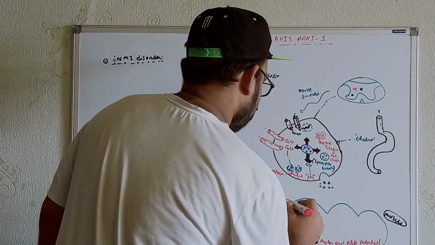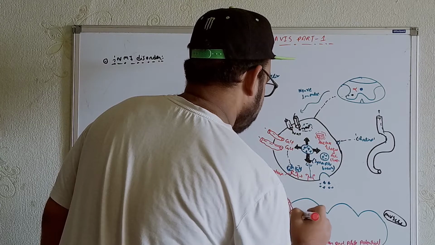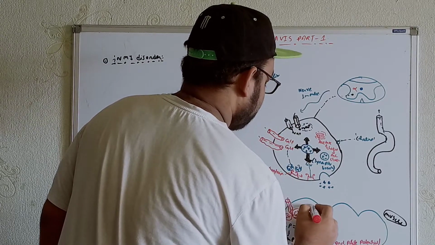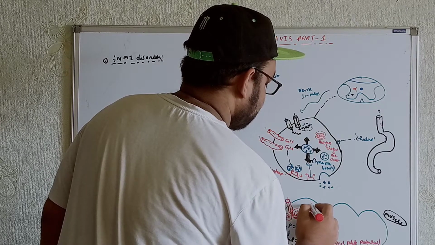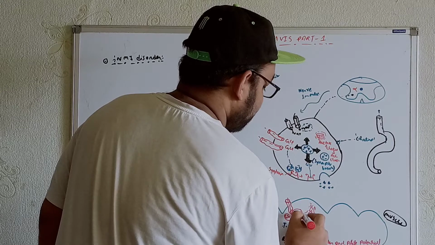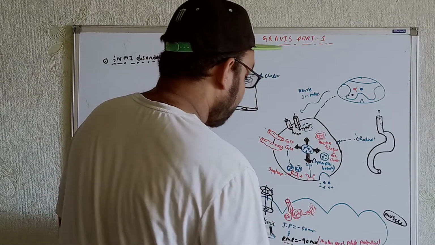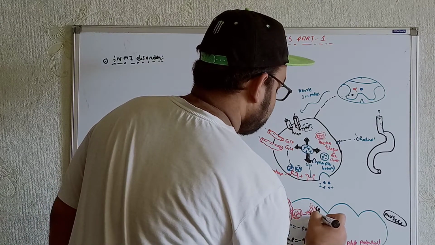So we get the opening of the voltage sensitive calcium channel, and as you know, this calcium will go within the endoplasmic reticulum. Within the endoplasmic reticulum there is a receptor for it, and it will stimulate the endoplasmic reticulum. As a result, again we will get the release of more calcium from the endoplasmic reticulum into the cytoplasm.